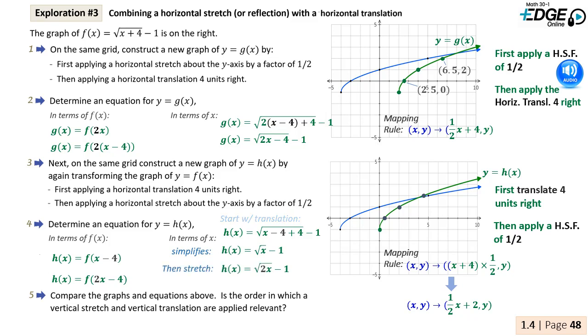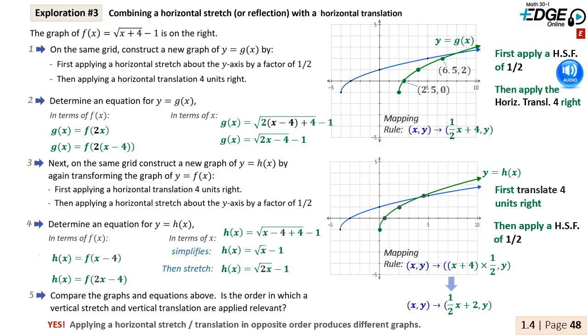We then replace x with 2x. We can see that these two equations and these two graphs are entirely different. Therefore, when a stretch and a translation occur in the same direction, which is to say both horizontal or both vertical, the order will be relevant.